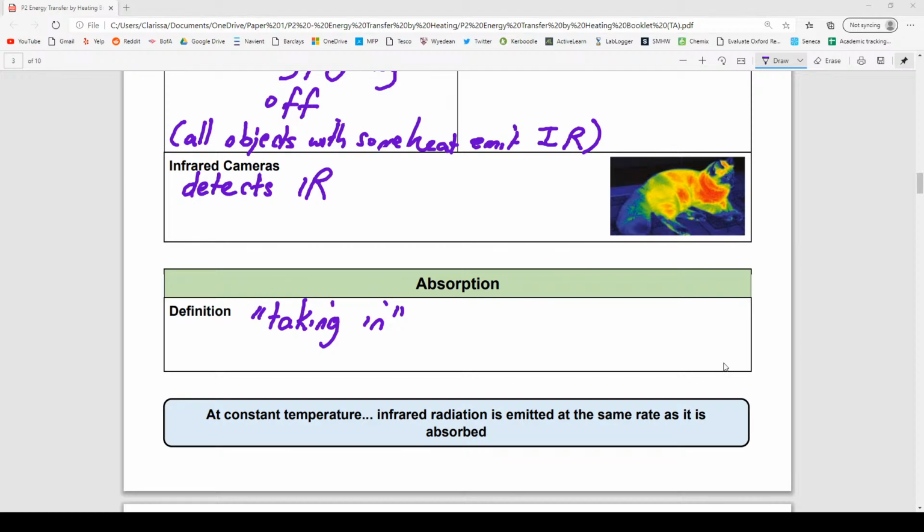Great. If you go on the website, you should see the energy transfer by heating section along with the booklets there. Remember, feel free to type things into the Word documents instead of the PDFs. I have the PDFs up there just in case. And there's a worksheet under thermal conductivity.